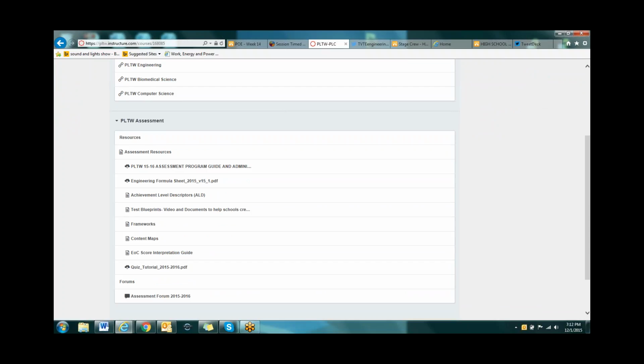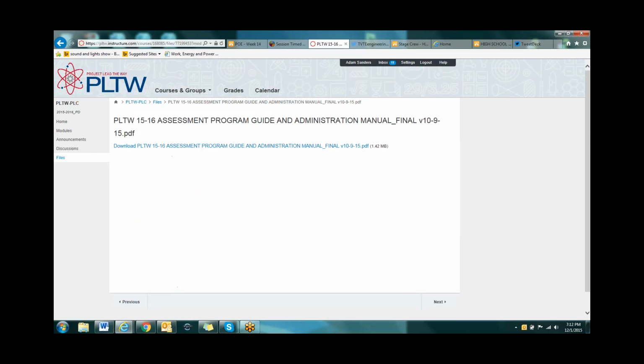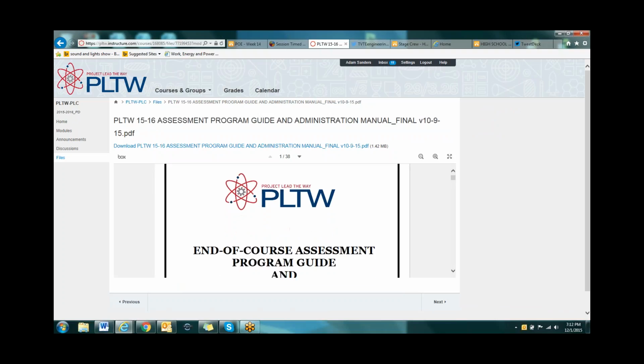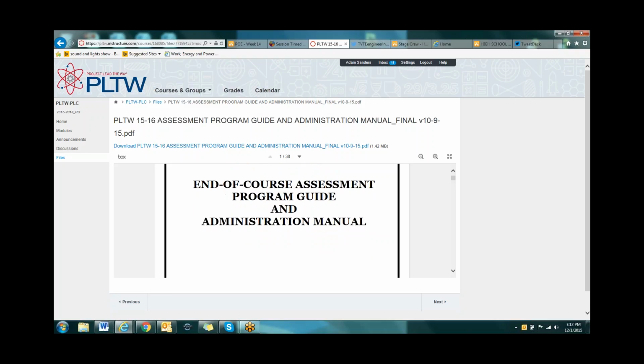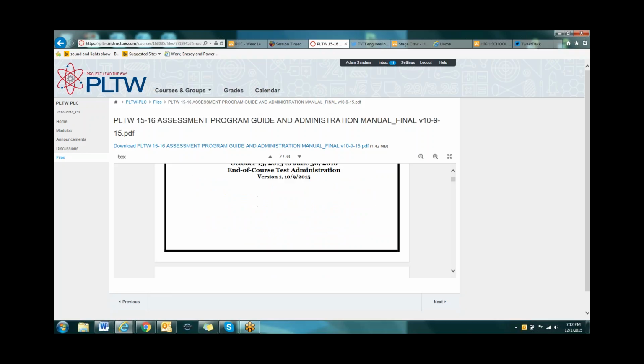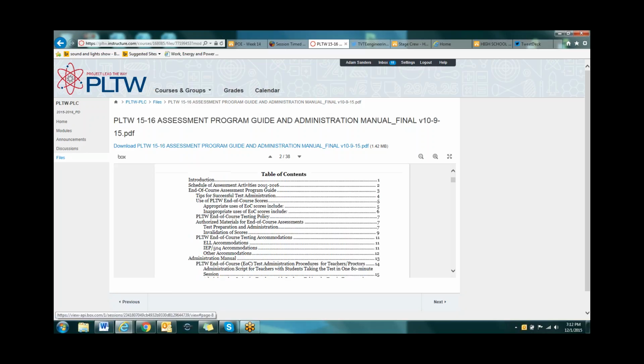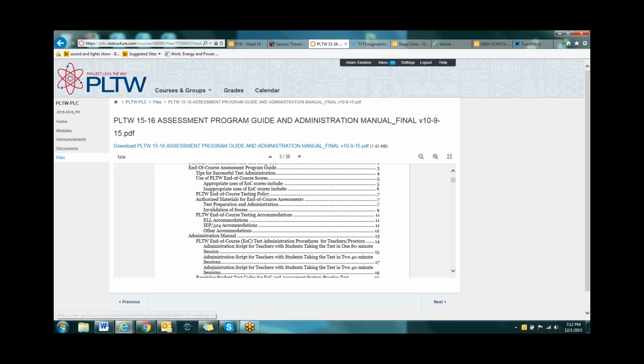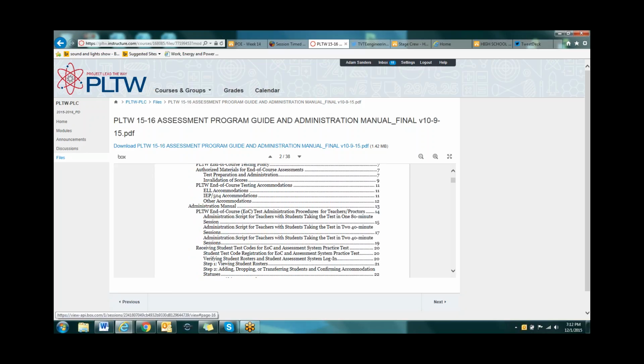You will then get a roster and codes so that they can access that test either in one 80-minute chunk or two 40-minute chunks. My kids take it over 2 days just because of the way our classes fall. So there's this manual, you can look through it, and it probably answers almost all of your questions.